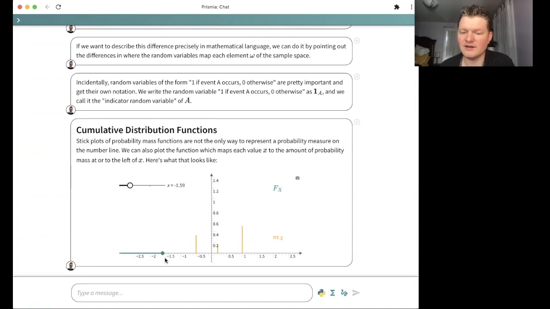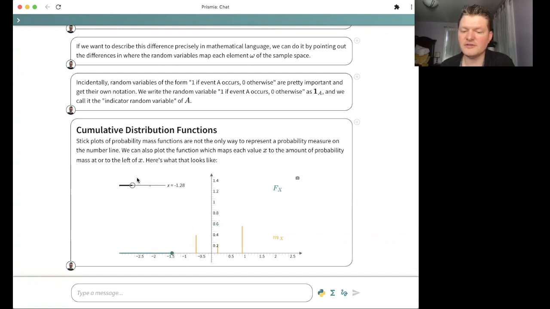And so we're down here at 0. And then as soon as we hit that first probability mass, we jump up. We gobble that mass up and our graph jumps up to this level, which is exactly the height of that stick. And then when we eat another one, then we jump up by that amount. So this height here is equal to what that shorter stick height was. And then of course, we're going to take another big jump here when we hit this one. So this is the cumulative distribution function.